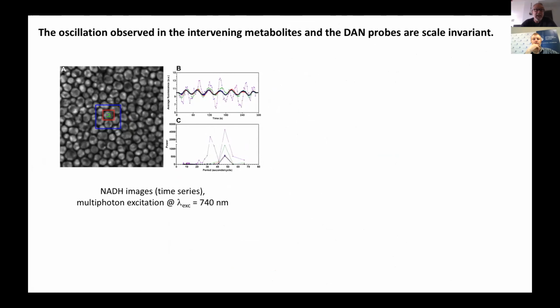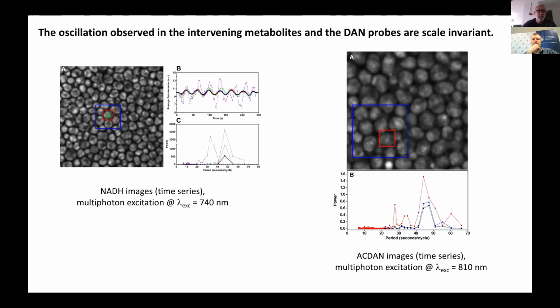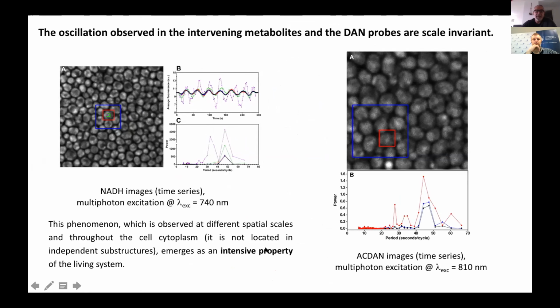And last but not least, we observe both for the metabolites and the DAN probes that these oscillations are scale invariant. When you talk about a scale invariant phenomenon, you're talking about an intensive property of the living system.